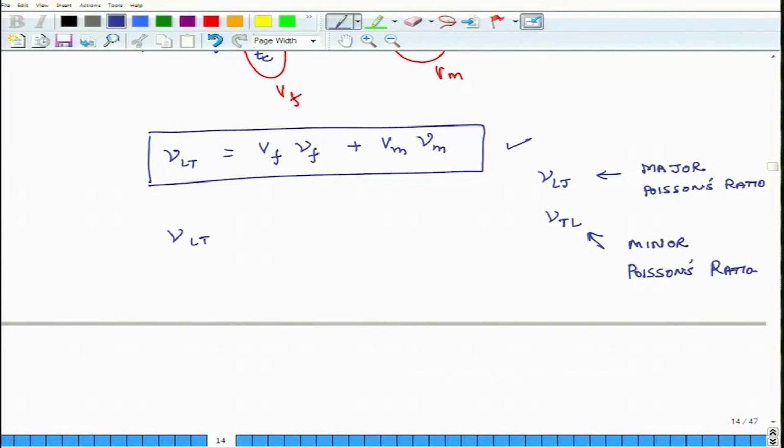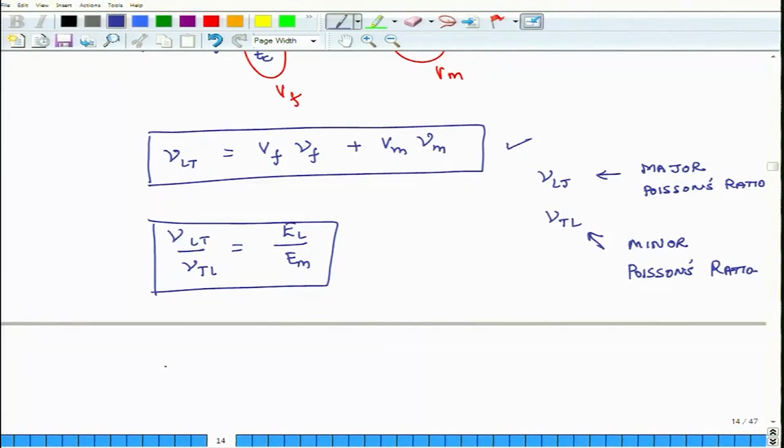But today I am just going to give you directly the result of how to compute minor Poisson's ratio. Nu LT over nu TL equals EL over EM. Okay.